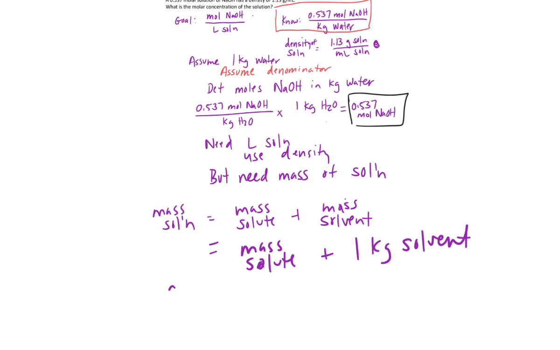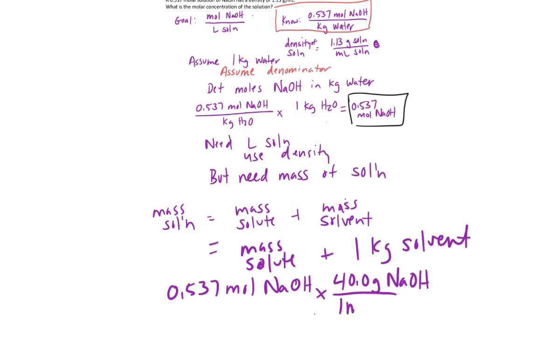So now let's use the 0.537 moles of sodium hydroxide and the molar mass, which is 40.08. Is that right? 40.0 is good enough. Okay, 40 grams per mole sodium hydroxide.